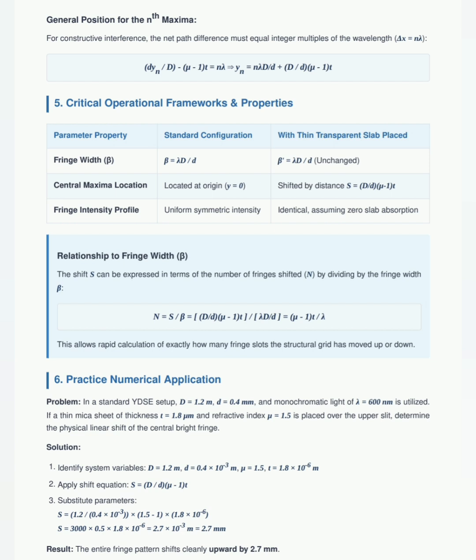Mu equals 1.5 and T is 1.8 into 10 to the minus 6 meter, because T equals 1.8 micrometer. So if we use all those values, S will be 2.7 millimeter. So the entire fringe pattern shifts upward by 2.7 millimeter, because the slab is placed over the upper slit, right? So this is all about it.